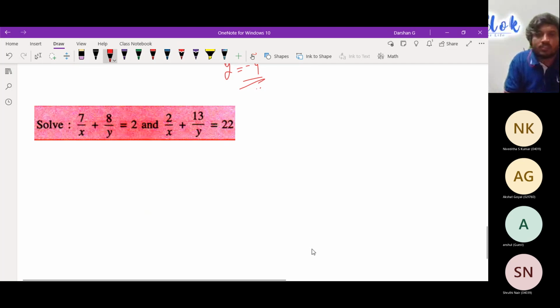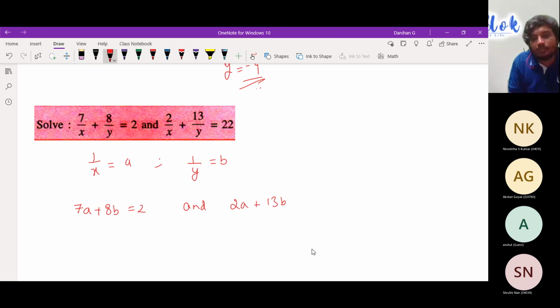So how to go about this? We consider 1 by x as a and 1 by y as b. This is important. So it is 7a plus 8b equals to 2 and 2a plus 13b equals to 22. Find for a and b.